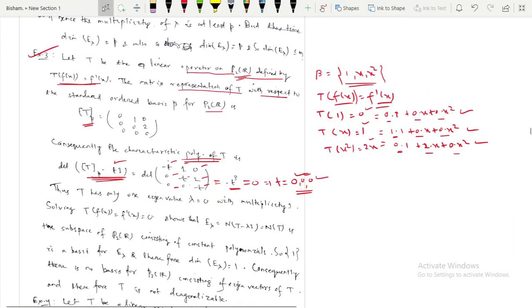So the eigenvalue 0 is repeated thrice. So T has only one eigenvalue, lambda equal to 0 with multiplicity 3. This is your algebraic multiplicity because it is repeated thrice. Similarly, if you want its corresponding eigenvector, what do we have to do?